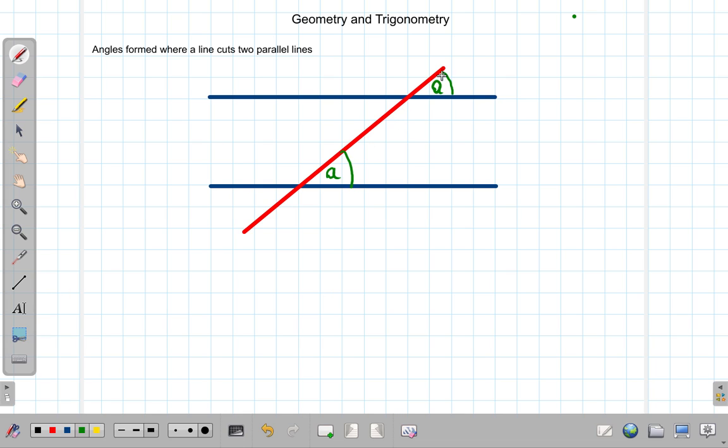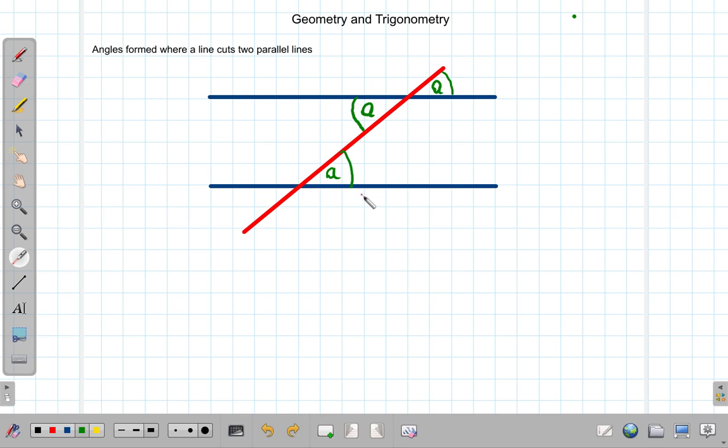Now, in addition to this being angle A, this angle here is also angle A, right? It's vertically opposite to this. These and these are vertically opposite angles, right? So, in that case, you have two of them so far.